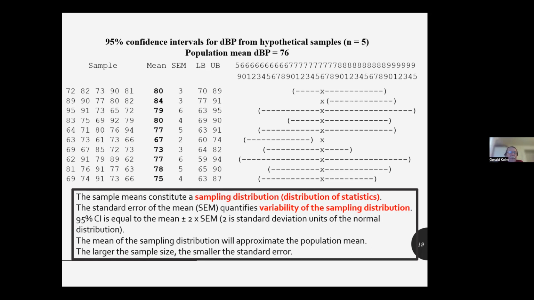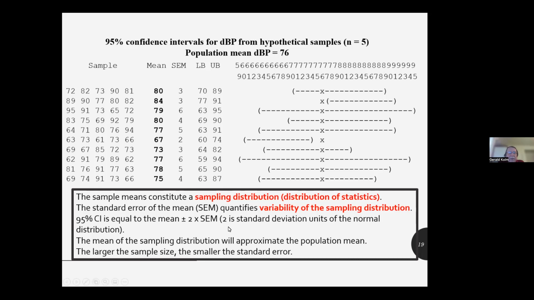But basically, it turns out that 95% of the area under a normal distribution lies between -2 and +2 standard deviations. So if we take 2 times our standard error that we've calculated, then we get the upper and lower bounds of our 95% confidence interval.